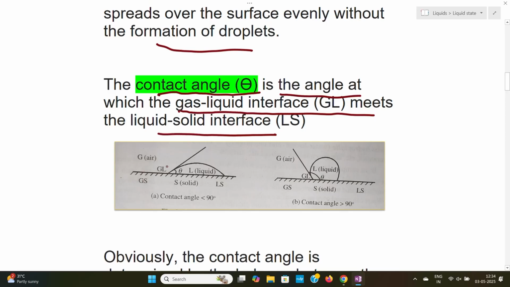If we look here, this is the contact angle theta. This is the gas-liquid interface, and here this is the liquid-solid interface. So, this is the angle theta.